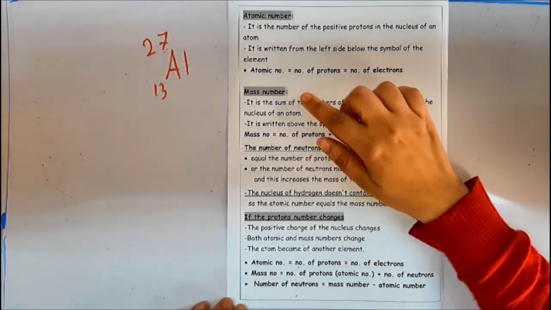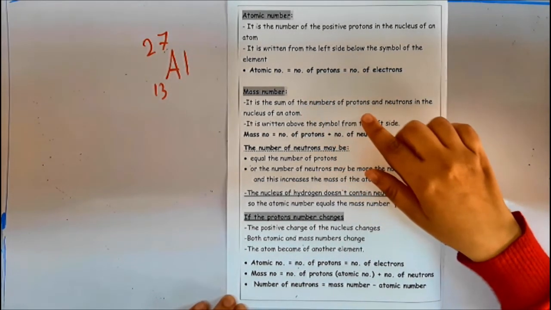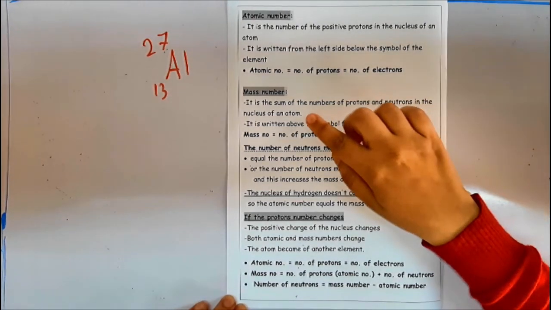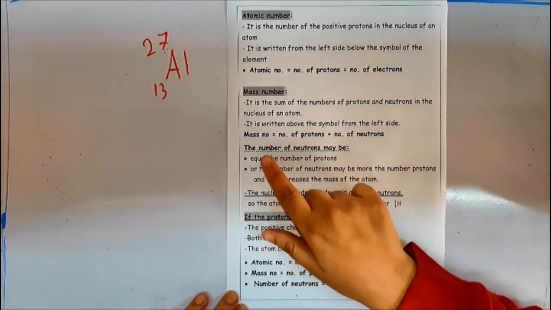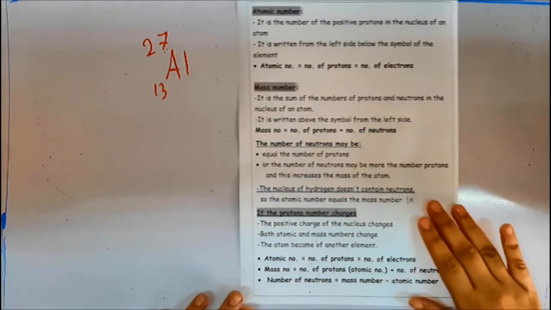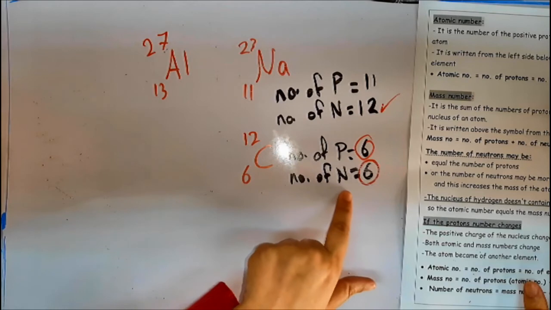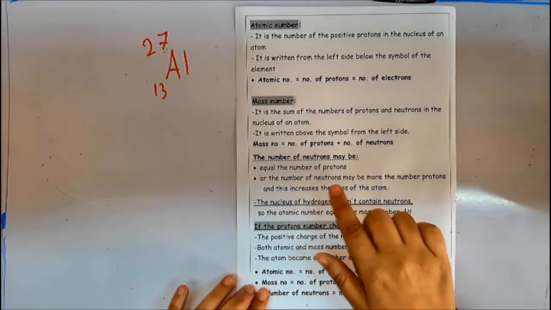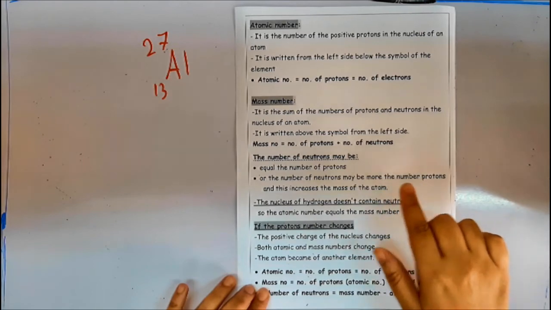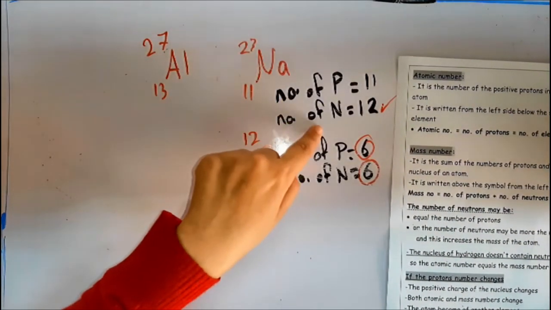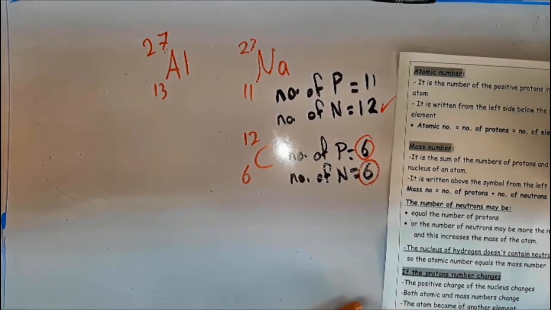So the mass number is the sum of the number of protons and neutrons in the nucleus of the atom. And as I said, the number of neutrons may be equal to the number of protons, here in carbon, or the number of neutrons may be more than the number of protons, like in sodium.